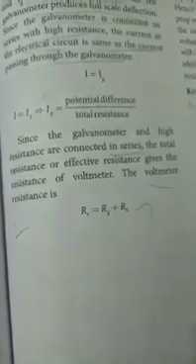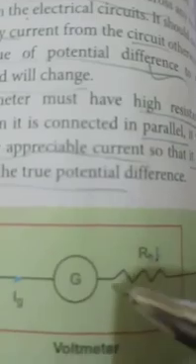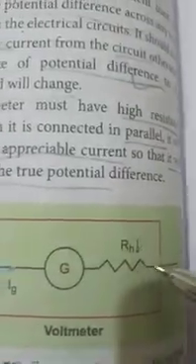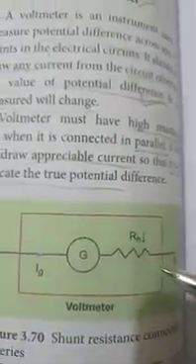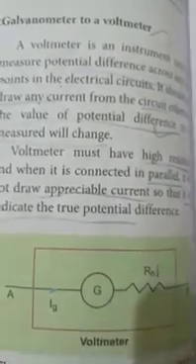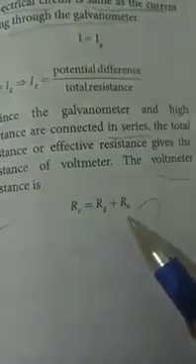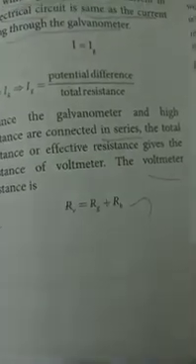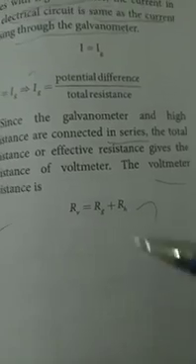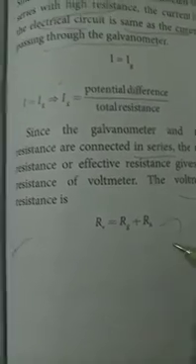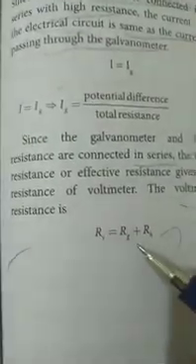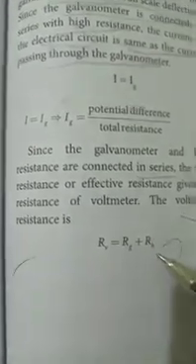Since the galvanometer and high resistance are connected in series, the total resistance will be RV is equal to Rg plus RH. Because it is connected in series, the effective resistance of the voltmeter RV is equal to Rg plus RH.